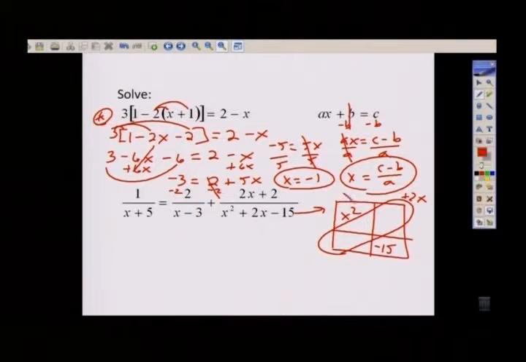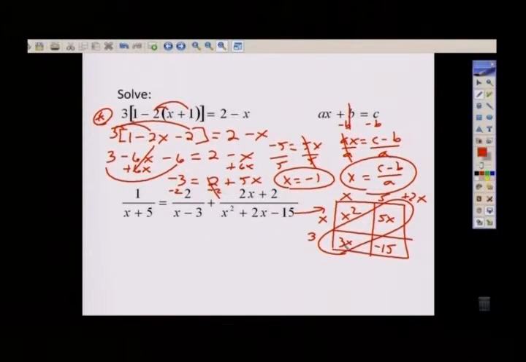So the x squared factors into x times x. The -15, I have a couple choices. I could do 5 times 3 or 1 times 15 with some positives and negatives in there. And I'm going to start with maybe 5 times 3 and see if that works. So that box would be 5x, this box would be 3x, and since this is a -15, one of those values needs to be negative.